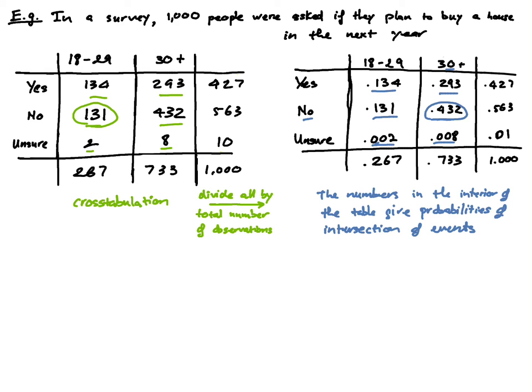Now the numbers on the margins give probabilities of the individual events or the individual categories.